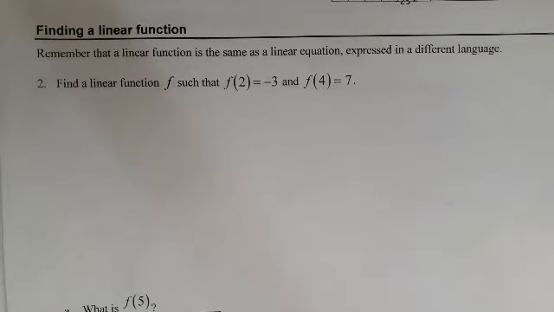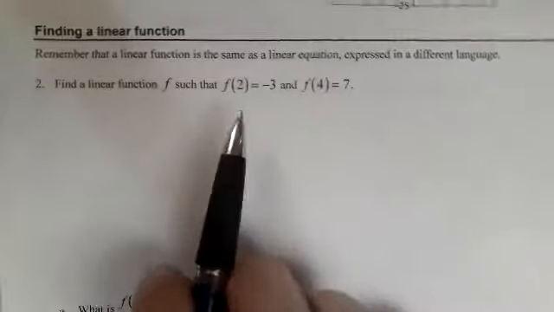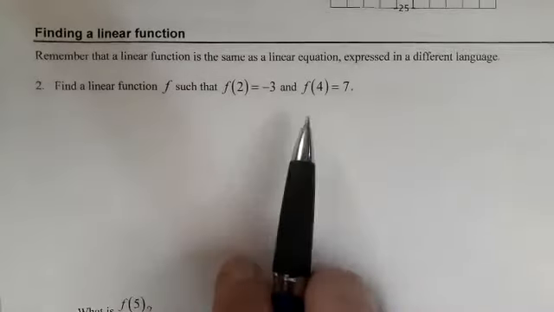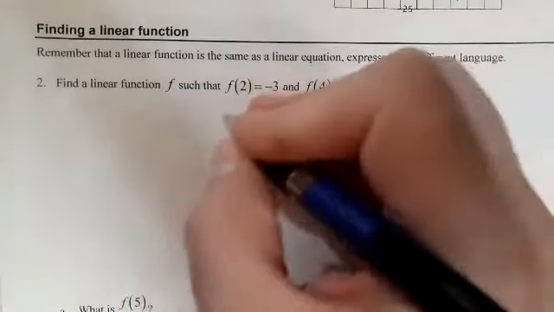So if we look at this, f of 2 equals minus 3, f of 4 equals 7. This function notation is the new thing that you just learned. So relate it to the old thing you learned, and instead of writing it like this, I would suggest writing it as an ordered pair.